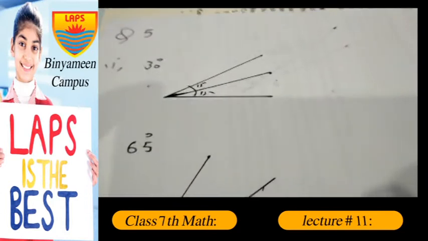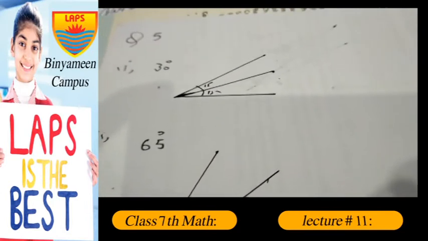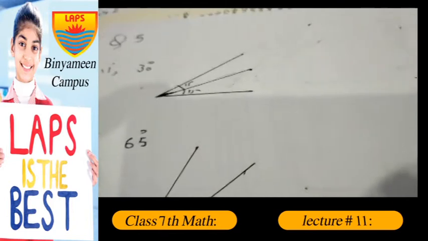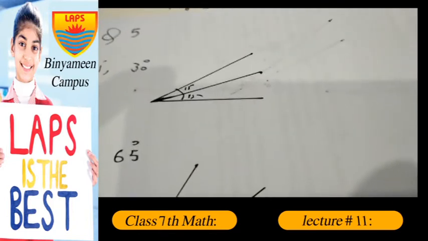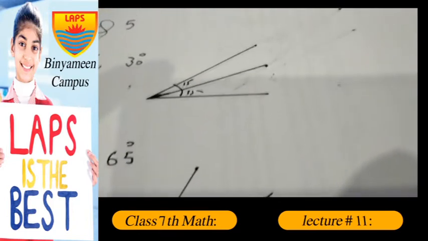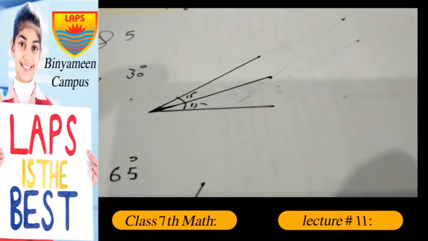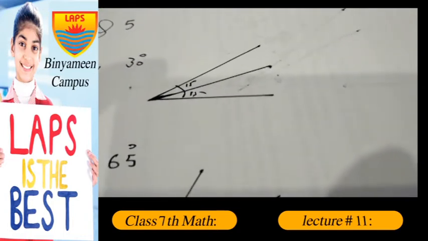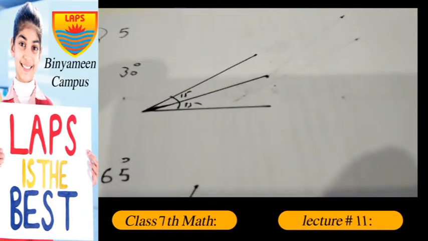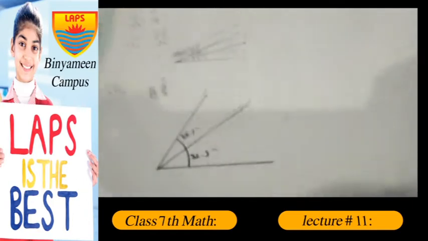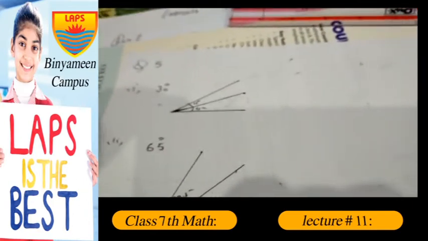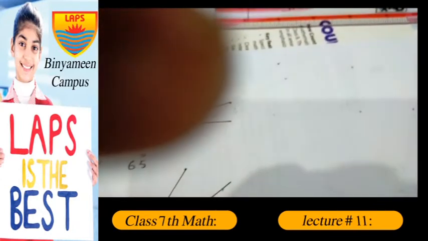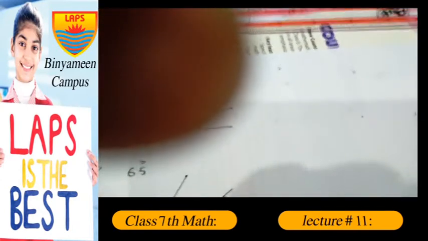Question number 5. Bisect the following angles, for example 30°, 65 and other angles, with the help of drawing a line with the ruler and drawing an angle with the help of protractor. Okay, check. Draw an angle.